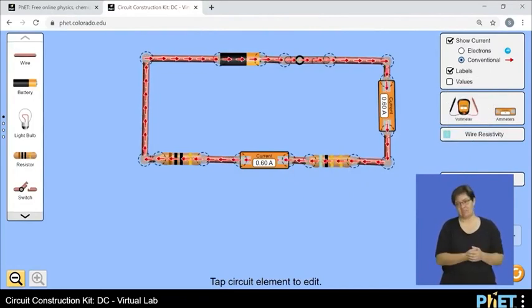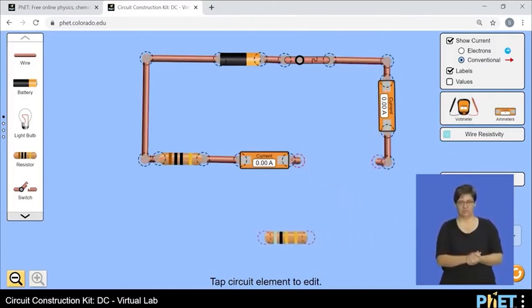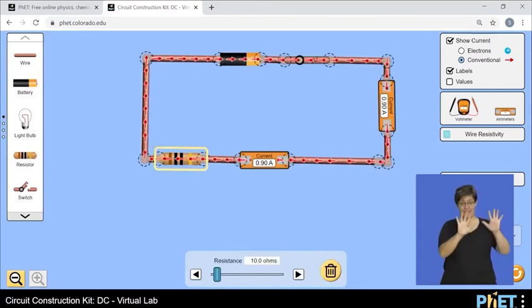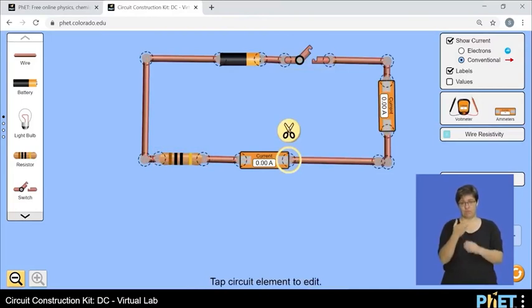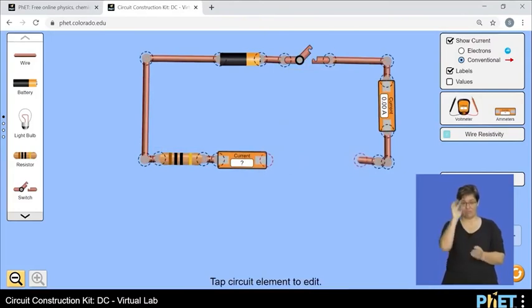Suppose we take out resistor R2 and complete that circuit. You realize that with R1, which is 10 ohms only, the total current in the circuit is 0.9 amperes. Suppose we break that circuit and then add the other resistor so that we can get a sense of what happens to the total current in the circuit. Take note, with only R1 of resistance 10 ohms, the total current was 0.9.